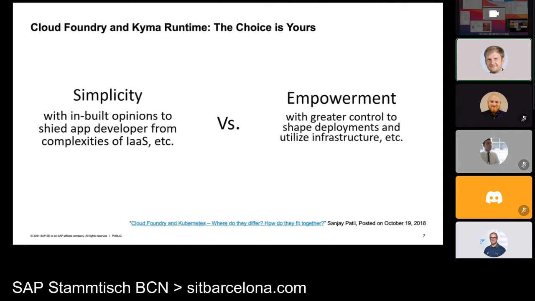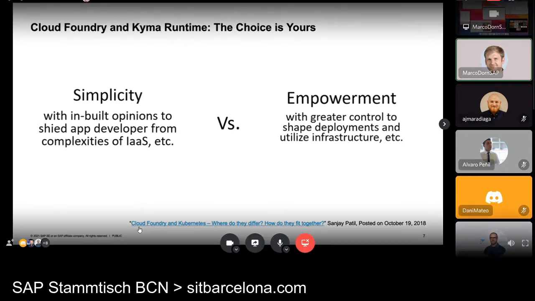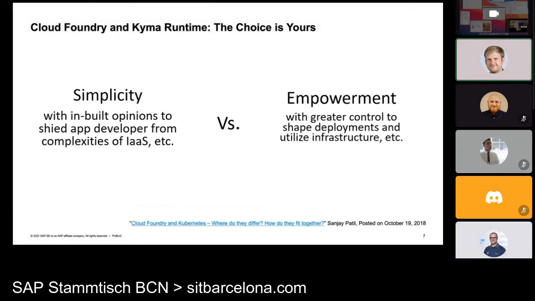Maybe there is already Kubernetes knowledge, and containerization is anyway a de facto standard in your company, and you want to go with microservices and microservice-based architectures. Then maybe Kubernetes, and therefore the Kyma runtime, is the better choice. So that's exactly what we want to provide: the options to go for one or the other, depending on the use case, the demand that you have, and the knowledge that you have.